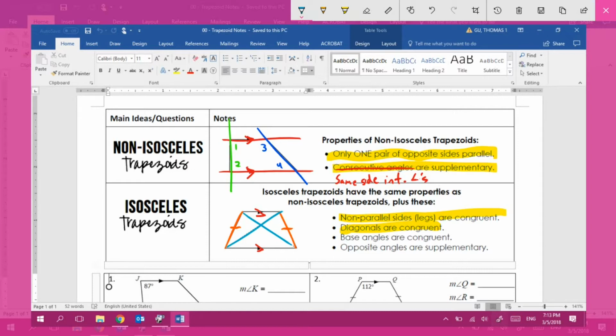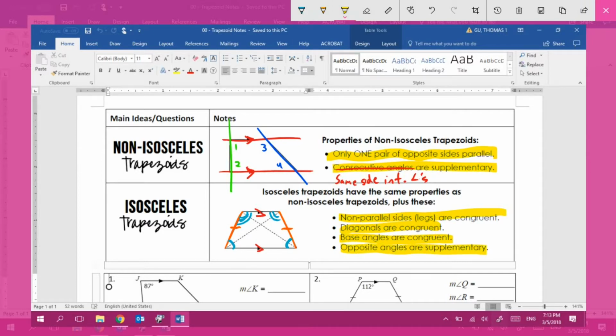Next, the base angles will be congruent. That would be the angle right here and the angle right here. On the base, those two angles are congruent. And I guess you can say these two as well. This angle and this angle will also be congruent. And finally, opposite angles are supplementary.